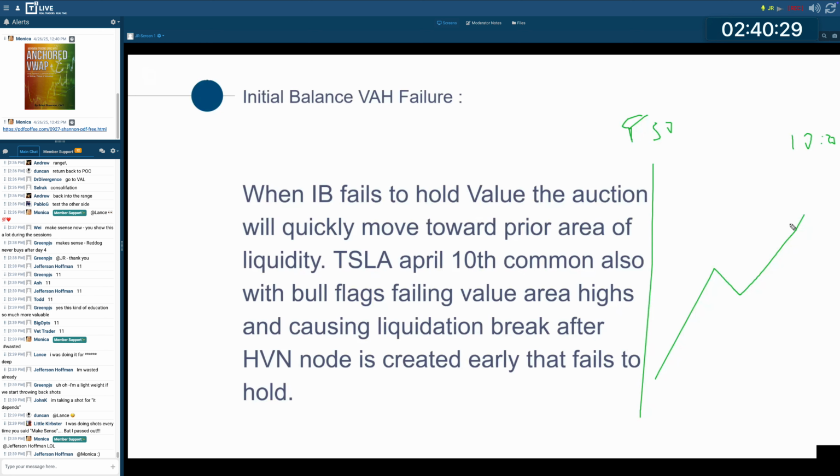Oftentimes you'll build a value area high here. That failure to hold polarity shift at value area high at 10:30 will often be the beginning of a nasty liquidation break if you're in a very tight, high volume, highly transactional accumulation range, and will typically trigger a full rotation.